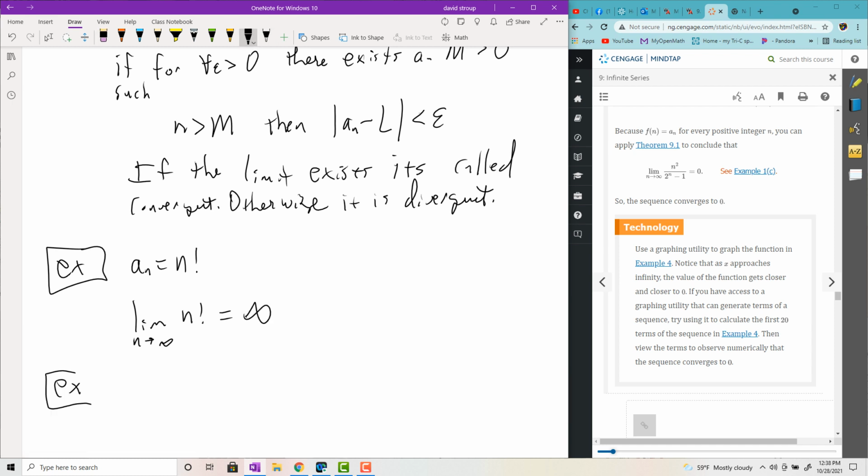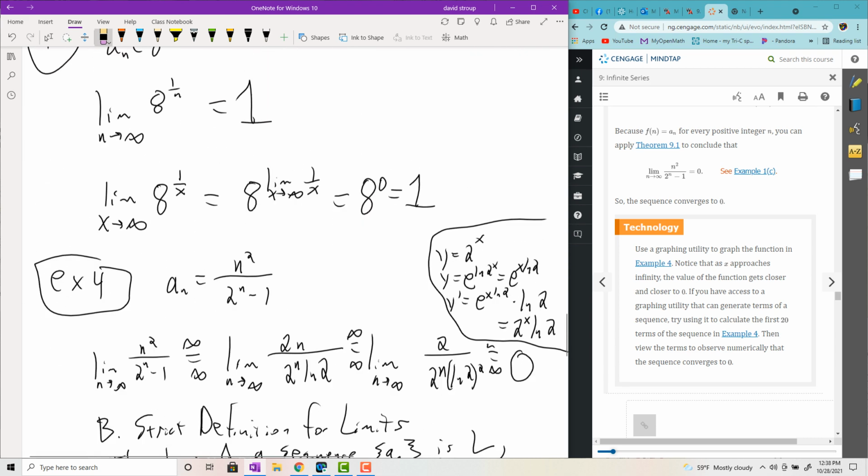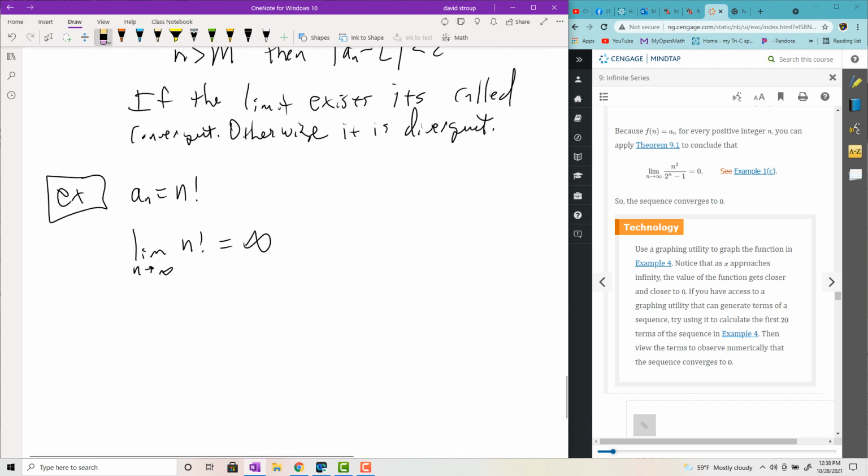The other way, there's only 2 ways, I guess, a sequence can diverge. It goes to infinity, or it has an oscillating behavior. So just note, I can put this in here somewhere: part C, oscillating sequences diverge, with a warning.